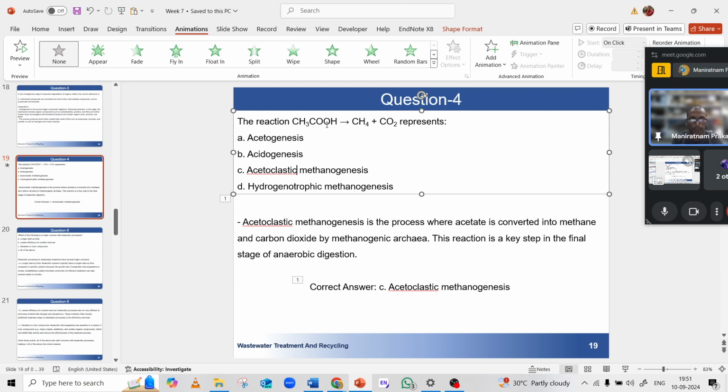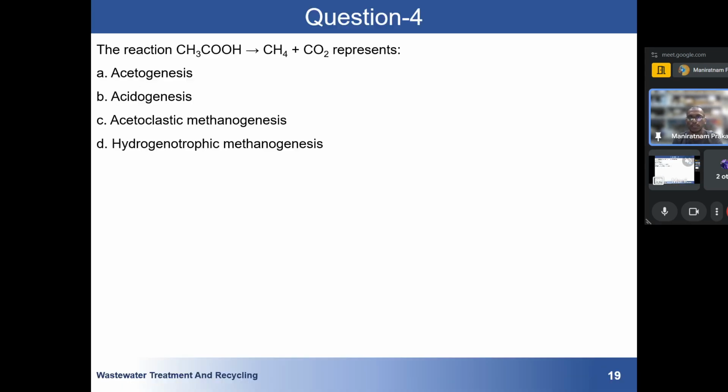As it is using acetate, that's why we have this answer. If it had been a use of hydrogen with some organic matter being converted into methane, then we would have called it hydrogenotrophic methanogenesis.